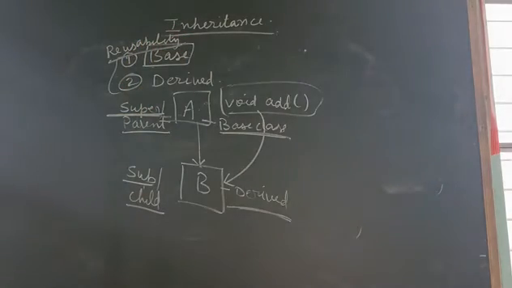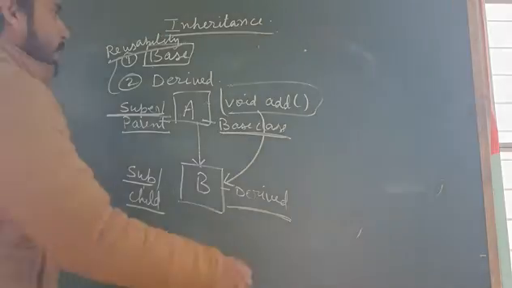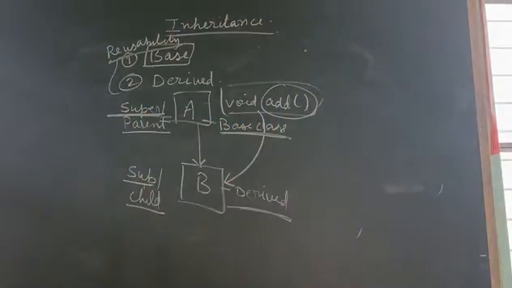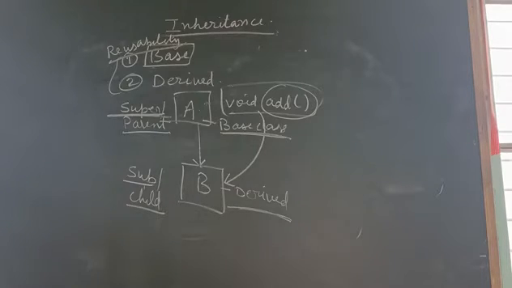What is the meaning of reusability? Suppose there is code written for add in one class, and we use that code's functionality in another class. That means we don't have to write the code again and again; we can reuse that code. So inheritance also follows reusability.